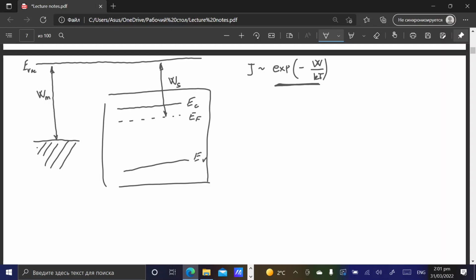So it will counterbalance this net flux in order to reduce it, and eventually these space charges, positive in the semiconductor and negative in the metal, will build up until we get a balance, an equilibrium condition, between the electron flux from the metal and the electron flux from the semiconductor.